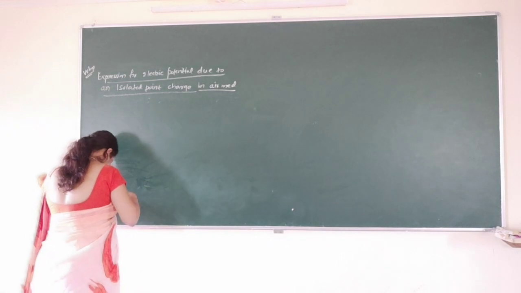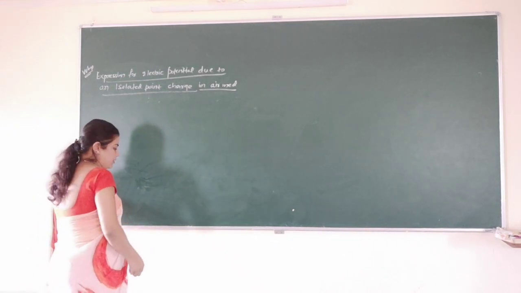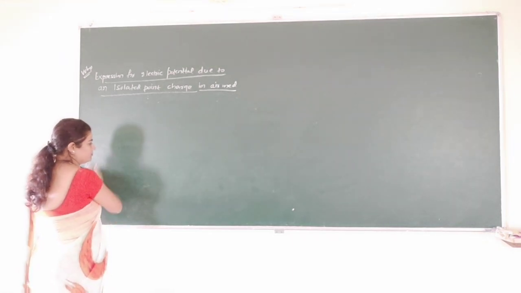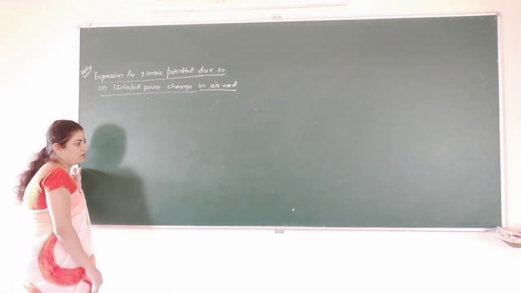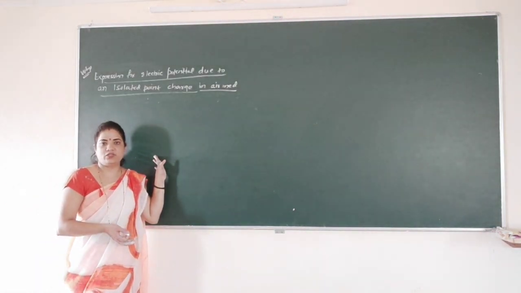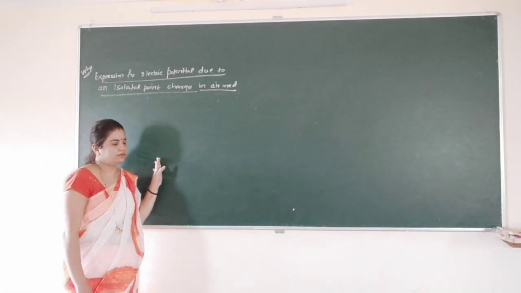For 5 marks, this question appeared many times. The diagram is important. The diagram carries 1 mark, and without diagram, if you derive the equation, it will not carry any marks.